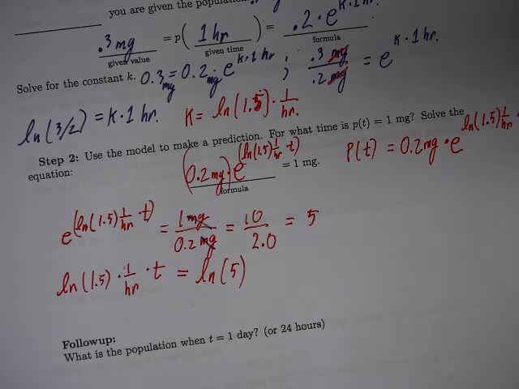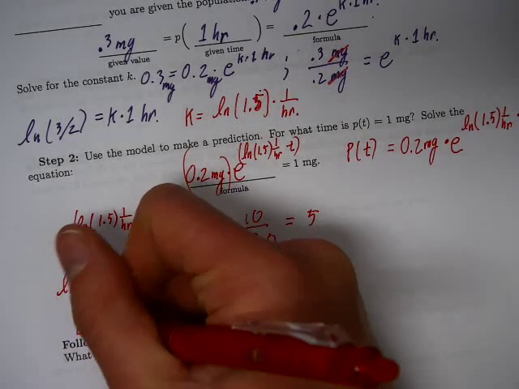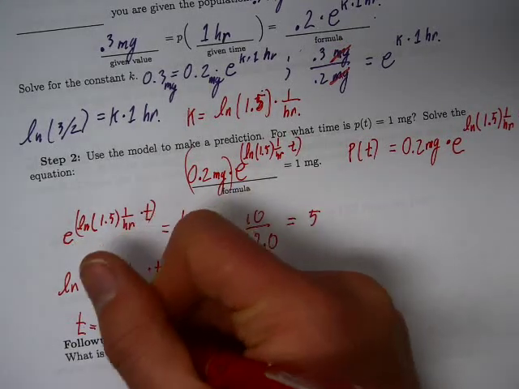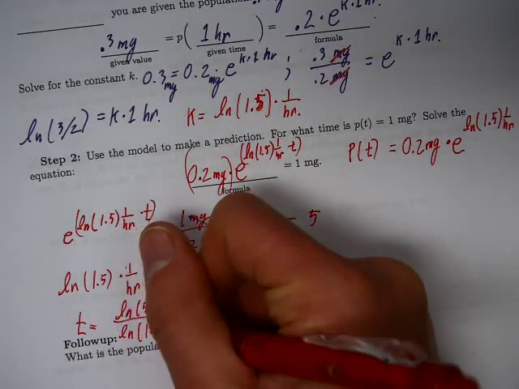Okay, so what next? Let's see, I should probably divide by this because it's multiplied on this side. And then let's multiply by hours. So t is equal to the natural log of 5 divided by the natural log of 1.5.